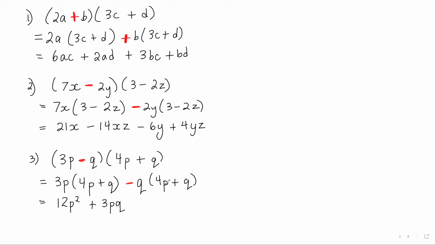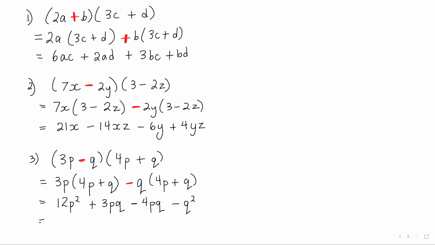Minus q times 4p will be minus 4pq. Now qp and pq is the same thing, okay? Because I already have pq written here, I'm going to just write pq here as well, just so that you see that it's the same variable, right? pq is the same as qp. And then minus q times plus q will be minus q squared, since q by q is q squared, and a minus by a plus is a minus.